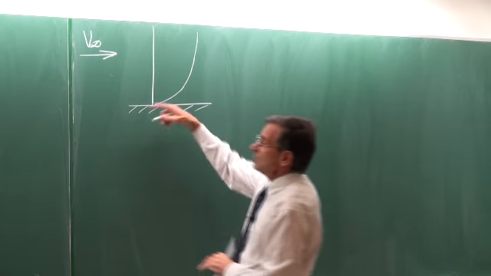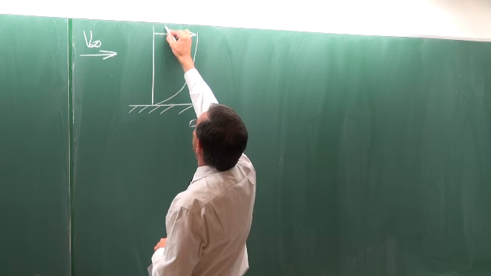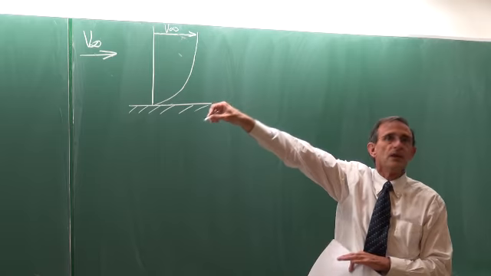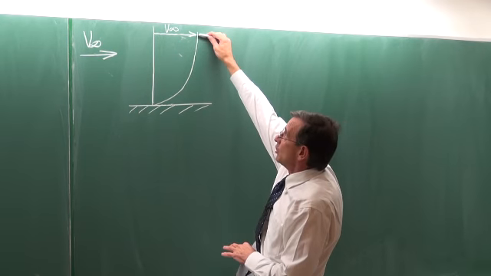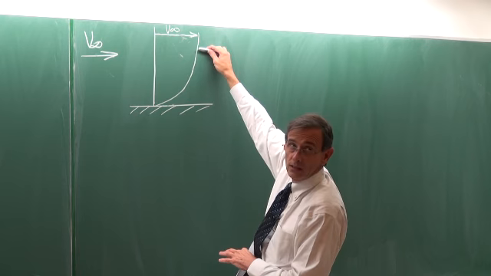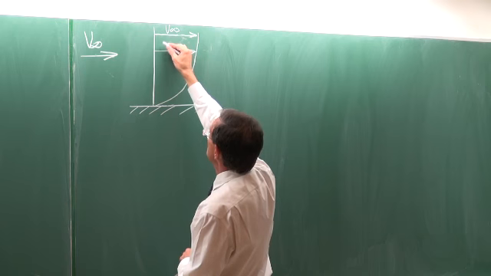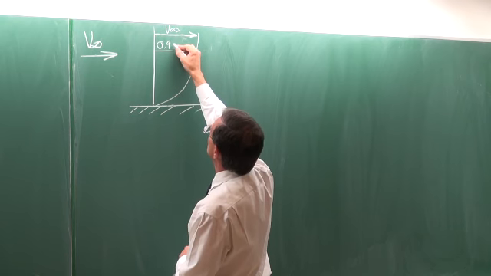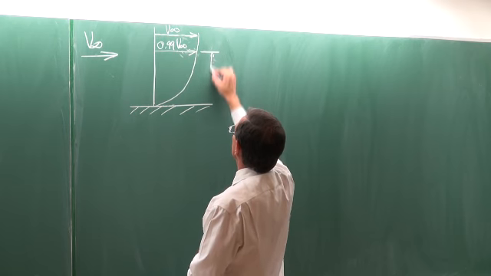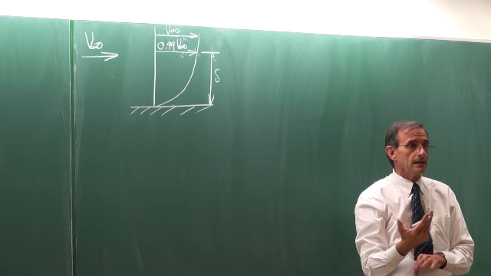And far away from the surface, that velocity would be equal to the free stream velocity. So if I would now keep my measuring instrument there, and I would bring it closer and closer up to the point where that velocity is equal to 99% of the free stream velocity, then you have learned that that is the boundary layer thickness.